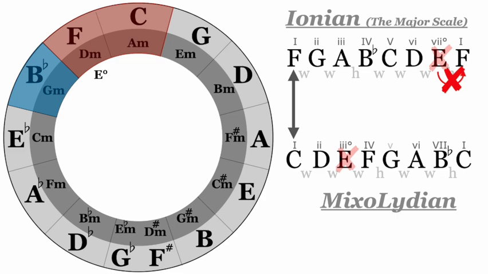And if we look down at the bottom in the Mixolydian, if we want to go from the 7th back to our tonic, well, a major to a major, right? B flat major to C major. That's going to sound pretty stable. That's not going to be a big leap, right? For the listener, that's going to sound pretty normal.